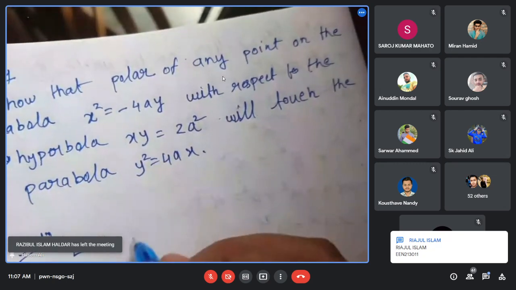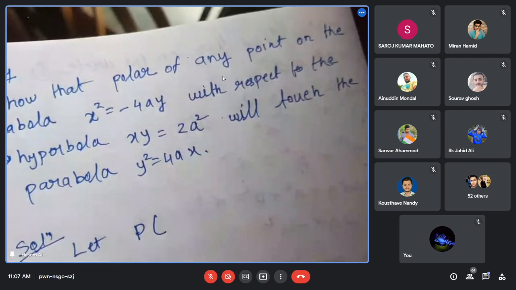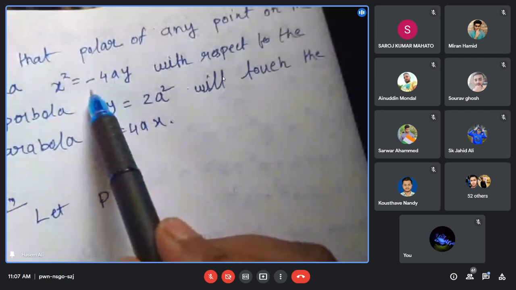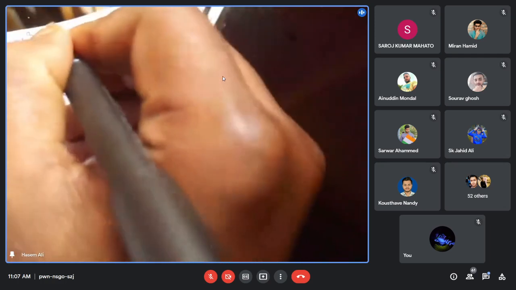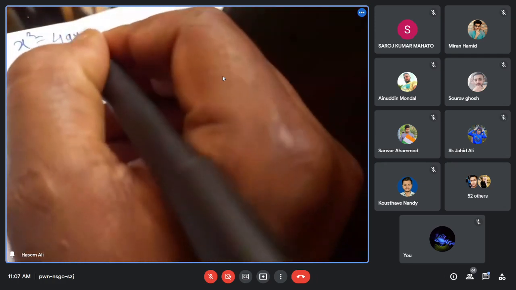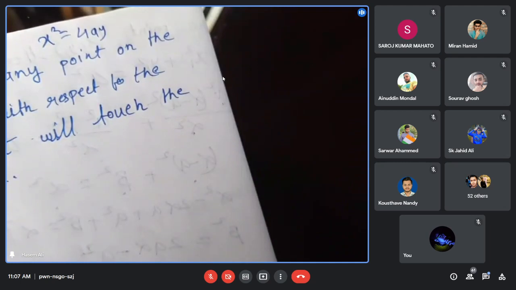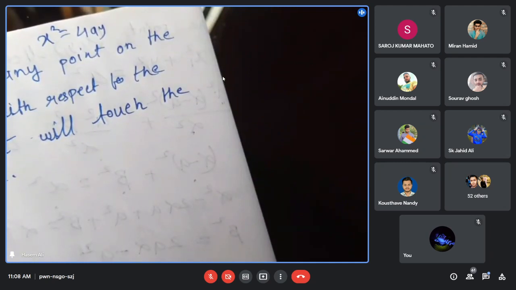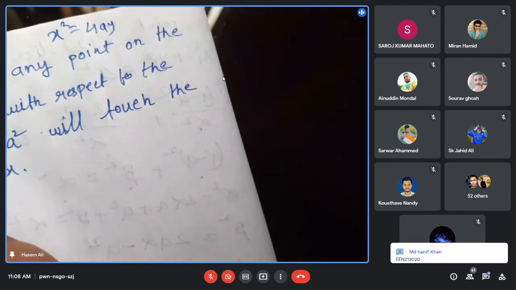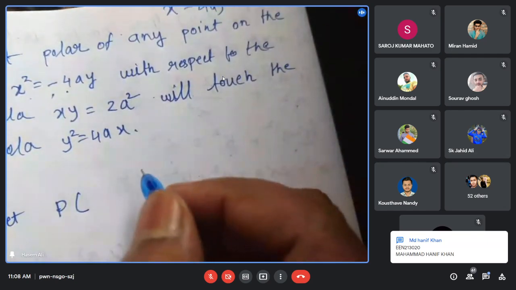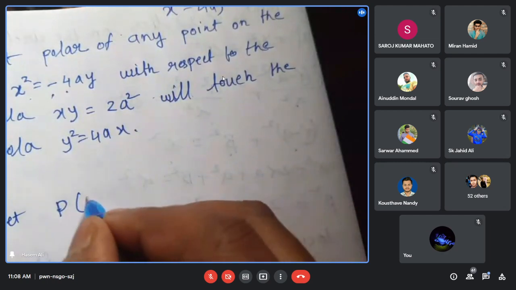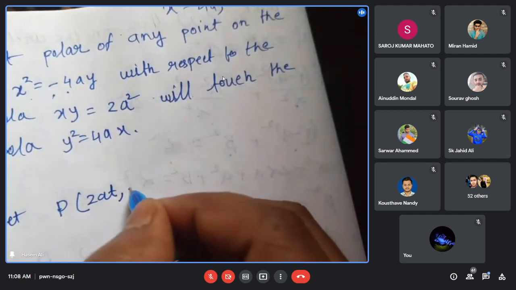If the parabola is x square equals 4ay, then the point will be 2at comma at square. But here x square equals minus 4ay, so the point will be 2at comma minus at square.